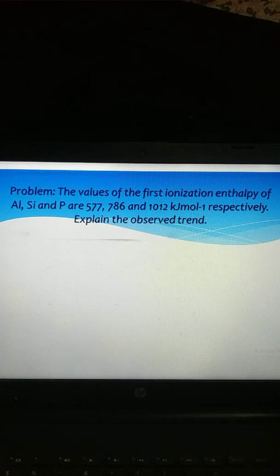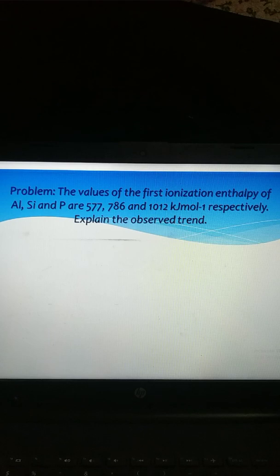So next we are going to deal with a problem. Here the values of first ionization enthalpy of aluminium, silicon and phosphorus are given, which are 577, 786 and 1012 kilojoule per mole. Now explain the observed trend. Based on what you have seen in the table, we are going to solve this problem.